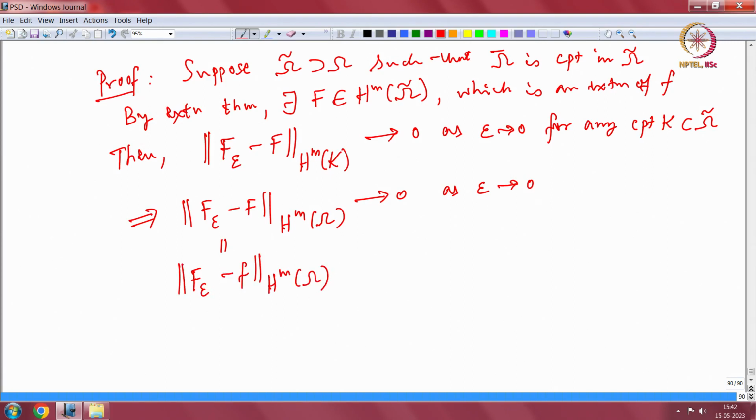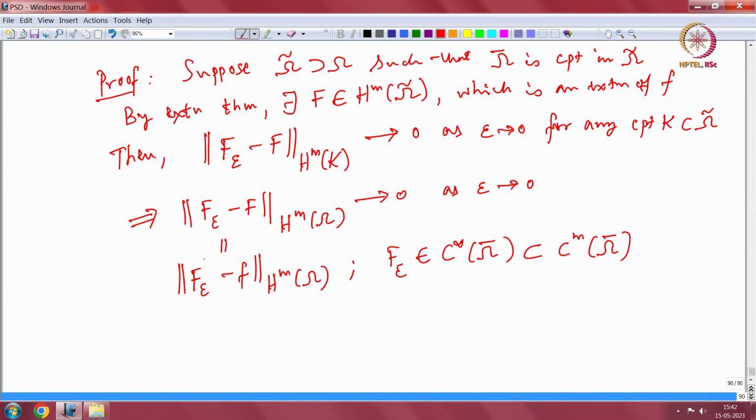And F epsilons are smooth, in fact C infinity functions, so in particular they are C^m functions.